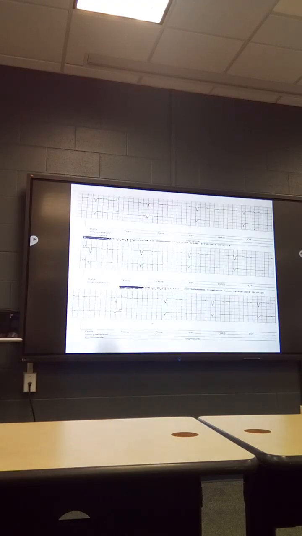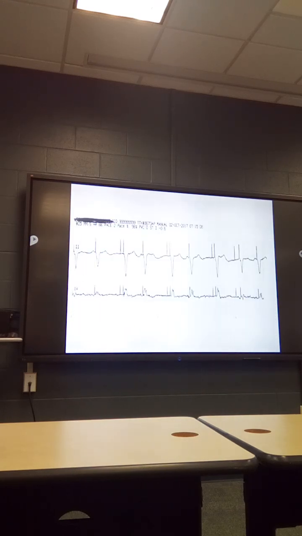Here is a Brady rhythm. I can't remember, it's been a while. But you can see this is a Brady rhythm, and then afterwards we got the AV spike.